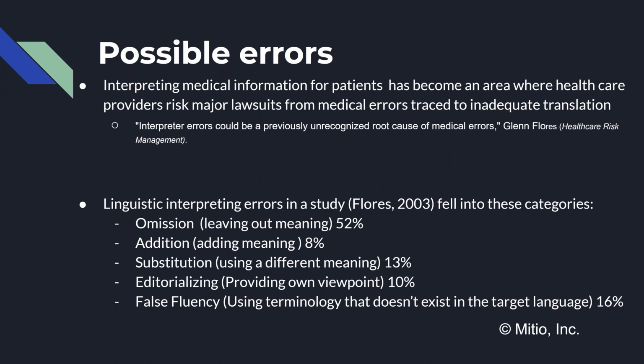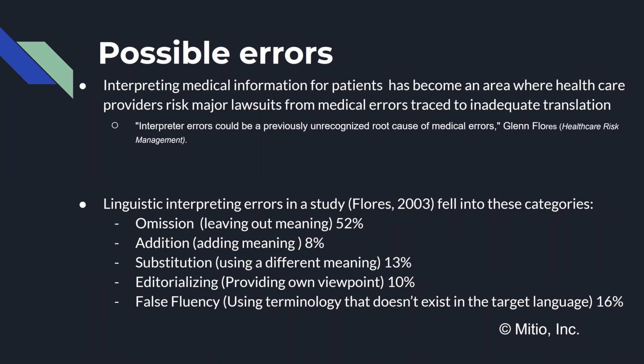That means that half the time the error may be related to simply not hearing something or not understanding it and omitting it. We also call this glossing over. And glossing is dangerous because when you gloss, you're basically determining yourself what is important and what isn't. And remember, if we're going to interpret accurately and completely, we wouldn't be able to do that.